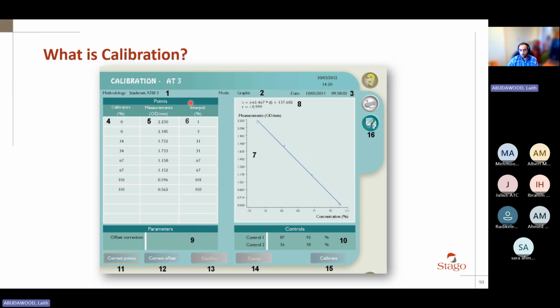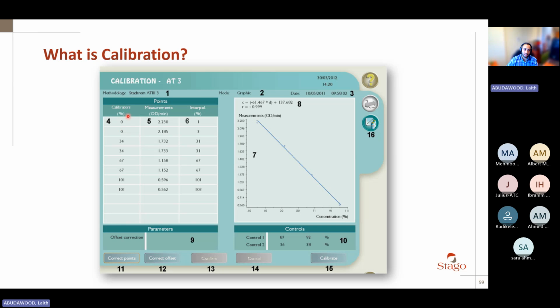How about this interpolation? Now remember, interpolation, these are the values that we calculate from the optical density actually measured for this dilution when we use this formula. Okay, so if the interpolated value is very different from the calibrator value, means something is wrong, right?